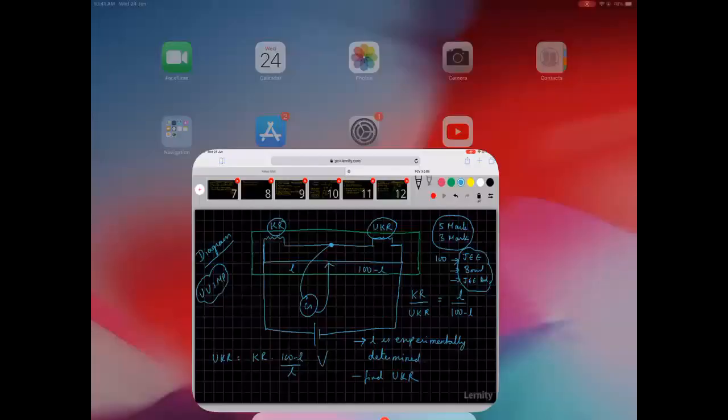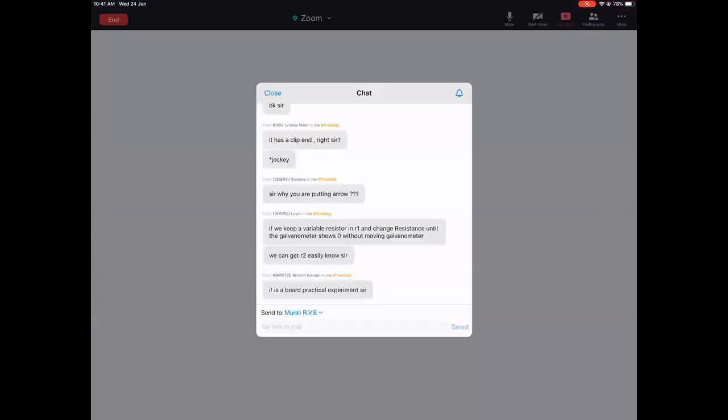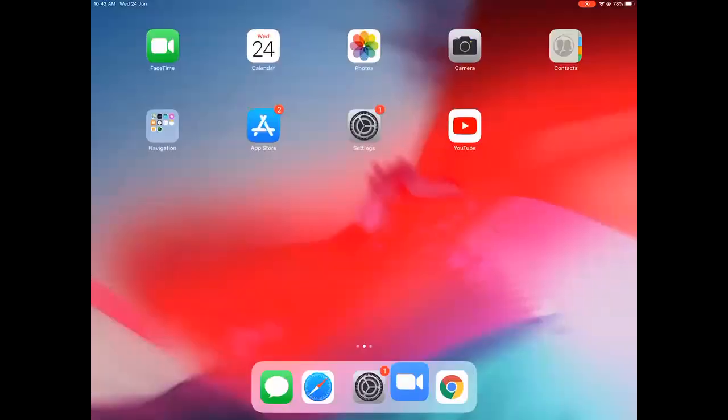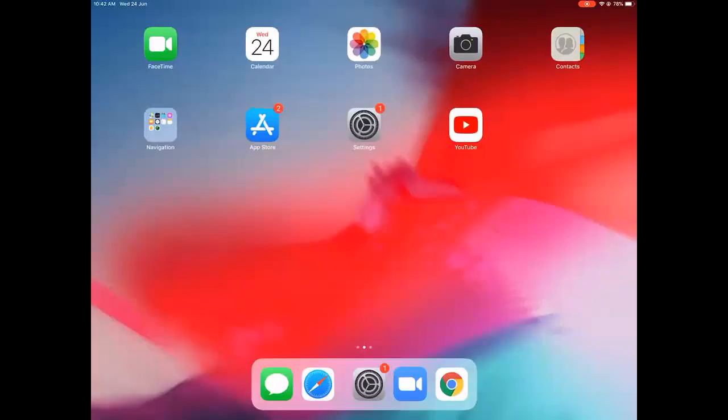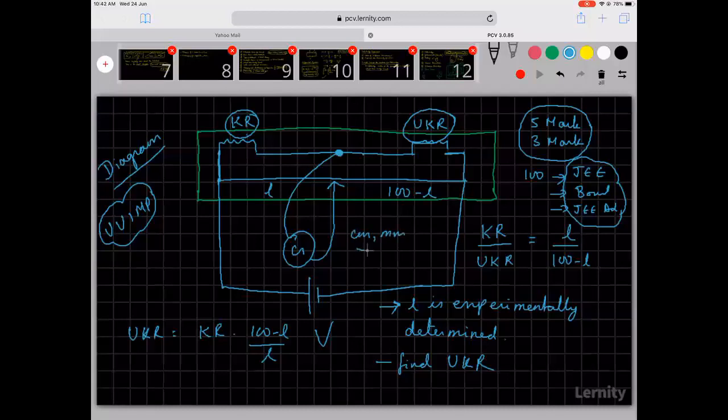Yes, it's a board practical experiment. If we keep a variable resistor in R1 and change the resistance, that is possible, but it is more difficult. We can get R2 easily by sliding. You have centimeter and millimeter markings. Suppose this is 5 ohms and you try it with 4 ohms, then suppose it is 5.3 ohms.